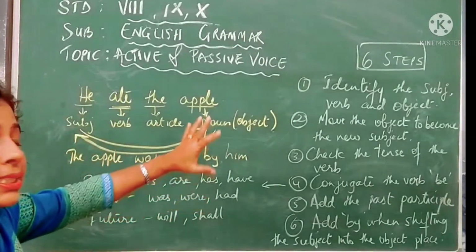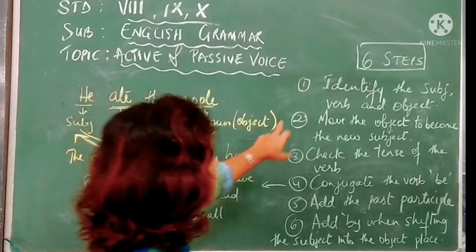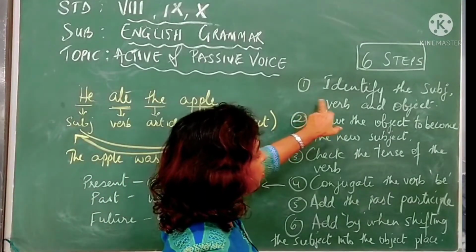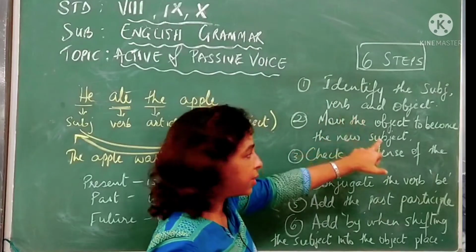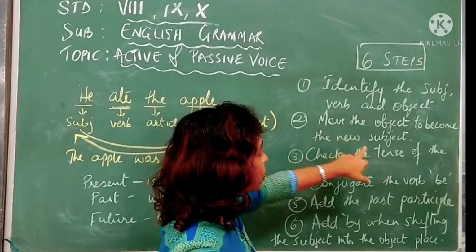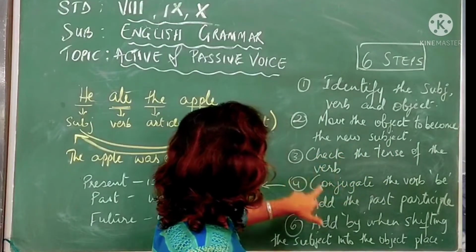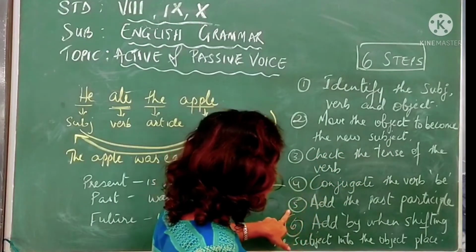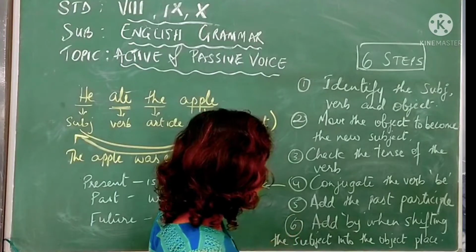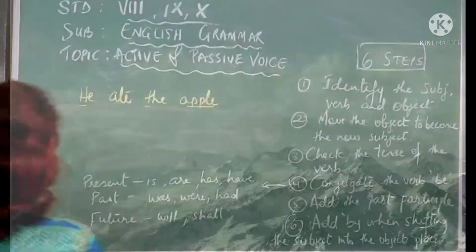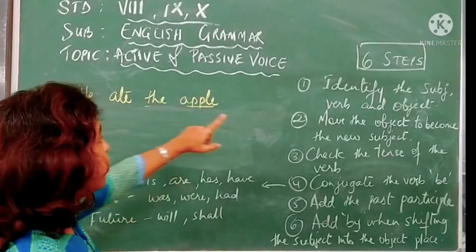So we are going to be learning 6 steps as to how we are going to be doing this. First we are going to identify the subject, the verb and the object. Then we are going to move the object to become the new subject, check the tense of the verb, conjugate the verb to be, add the past participle, add by shifting the subject into the object's place. He ate the apple. So I am going to identify the subject.